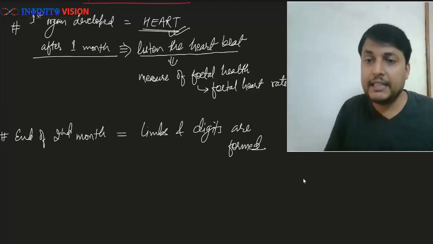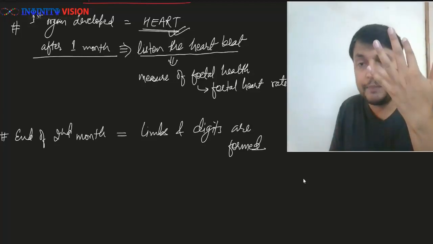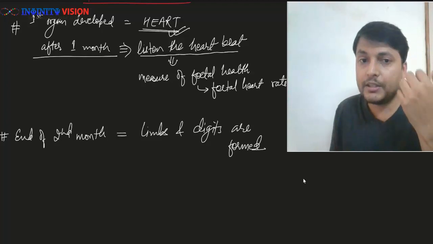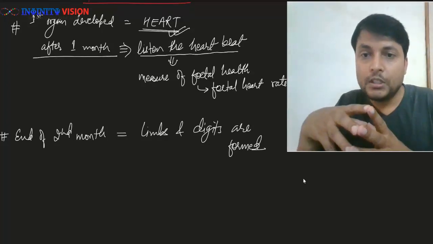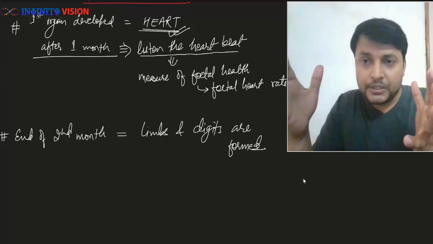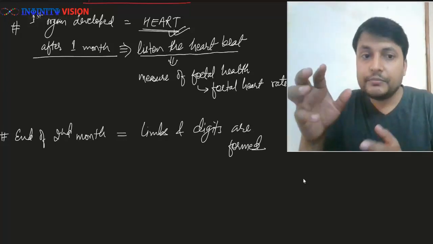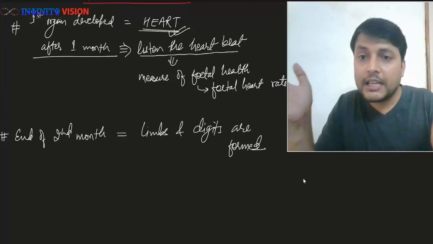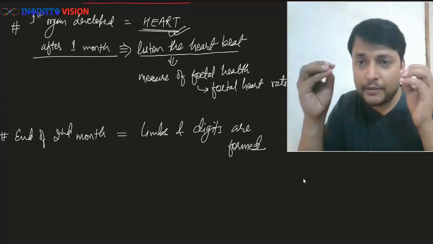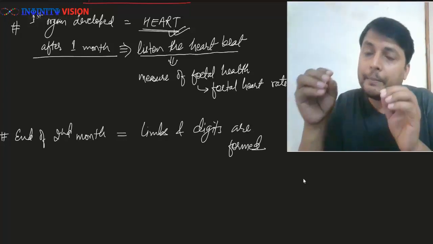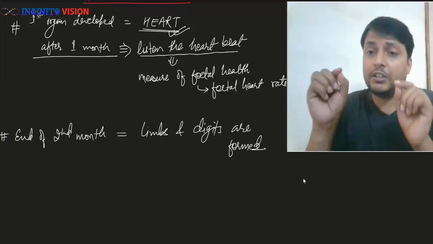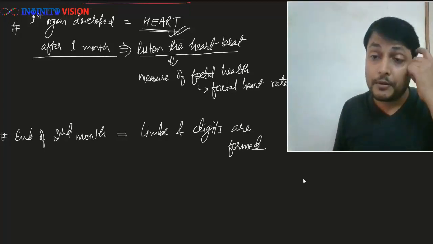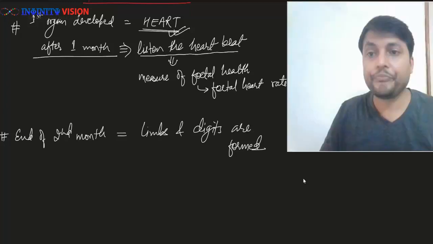Limbs are your hands and legs, and digits are the fingers and the toes. So by the end of the second month, a growing fetus has a heart and it has limbs. It has hands and legs, though they are very small, but they have hands and legs with small little fingers and toes. So these all are formed by the end of the second month.